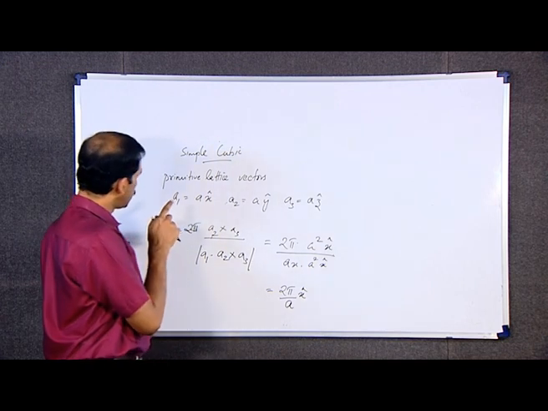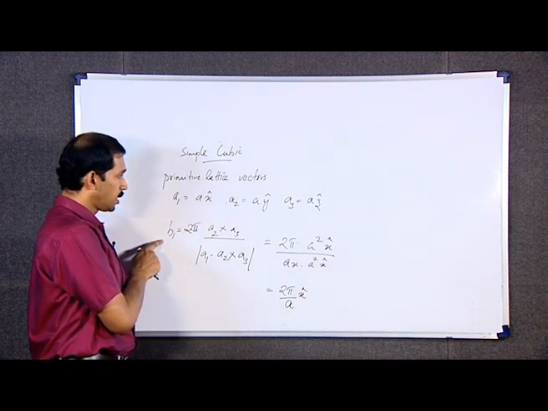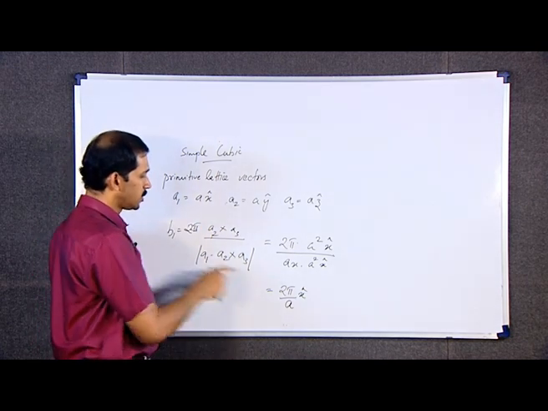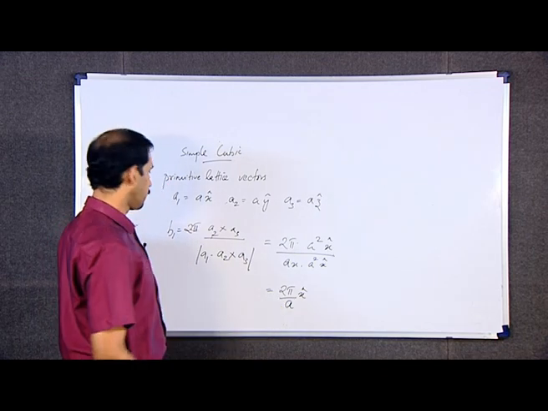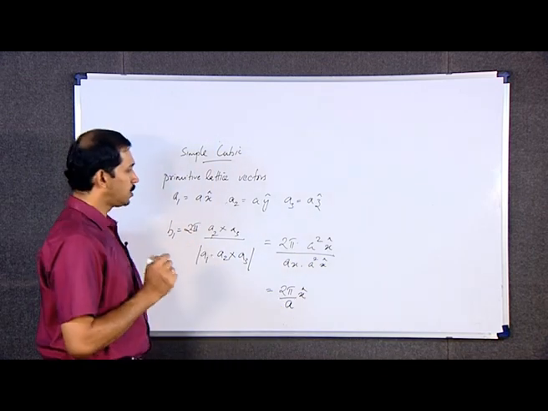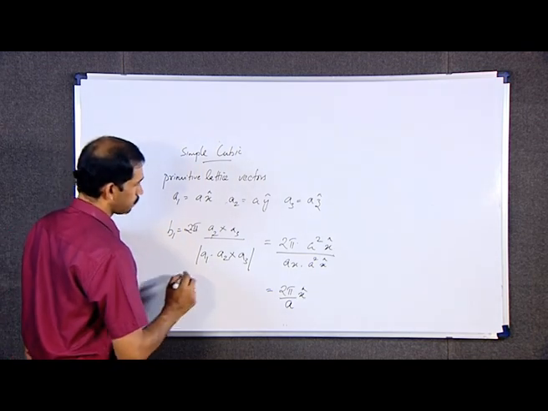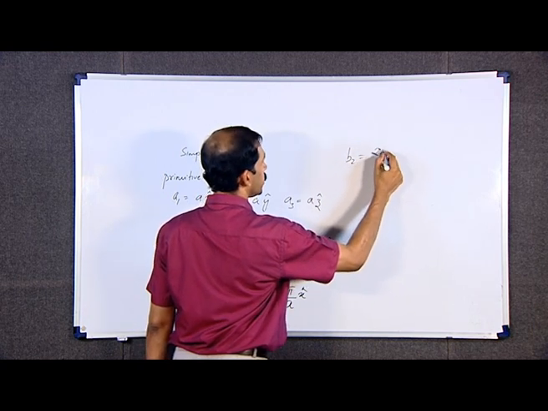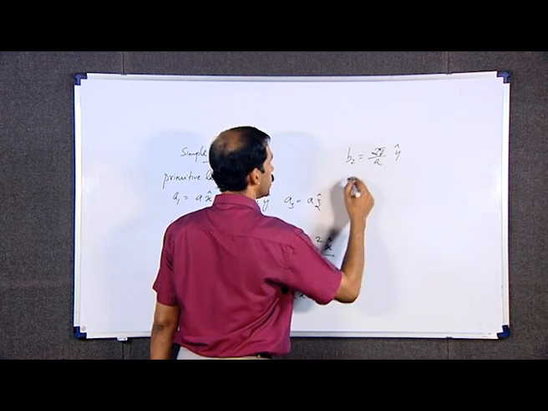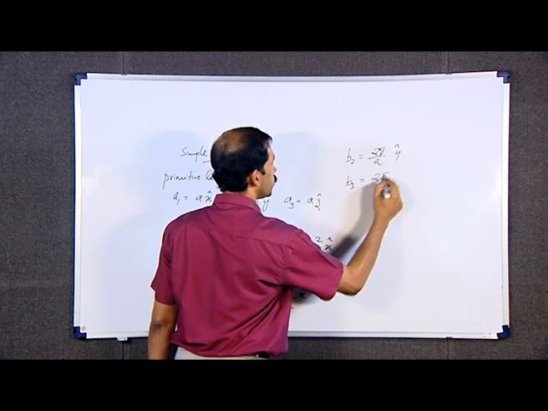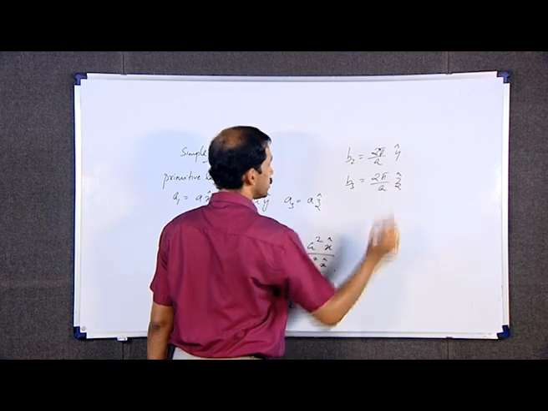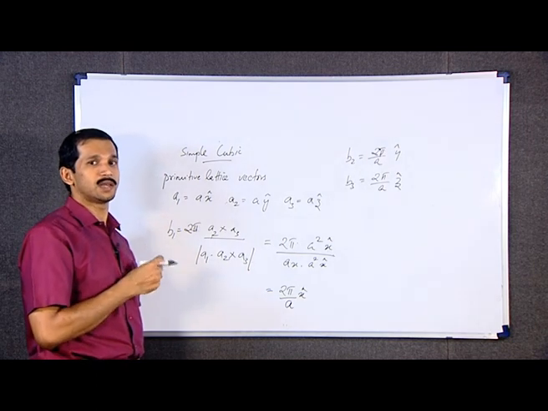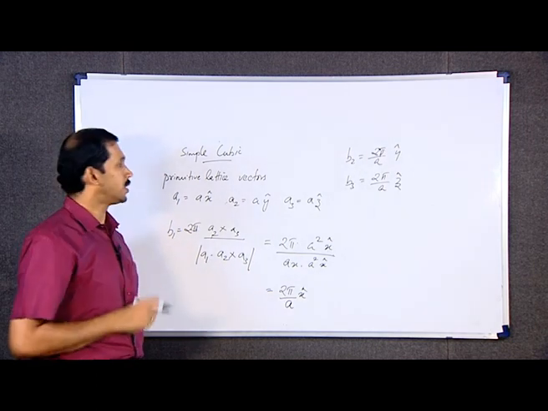So, the reciprocal lattice vector b1 corresponding to the primitive lattice vectors of a simple cubic is 2 pi by a into x. Similarly, b2 is 2 pi by a into y, and b3 is 2 pi by a into z. These three define the reciprocal lattice vectors for a simple cubic lattice.